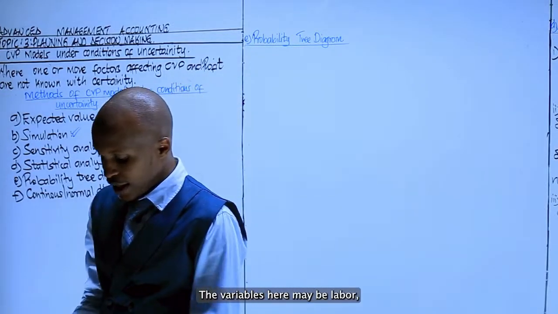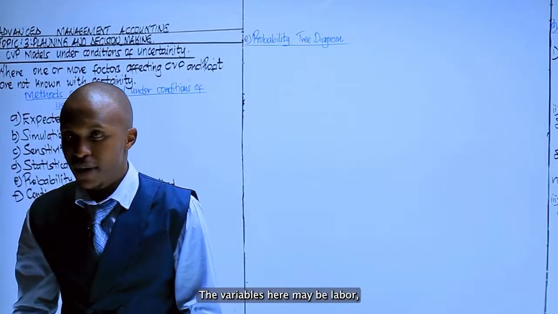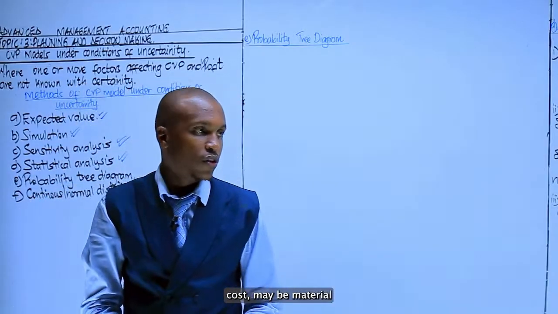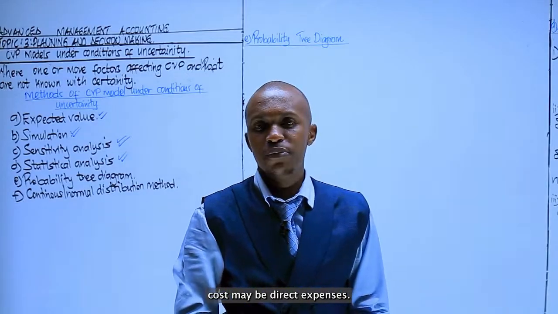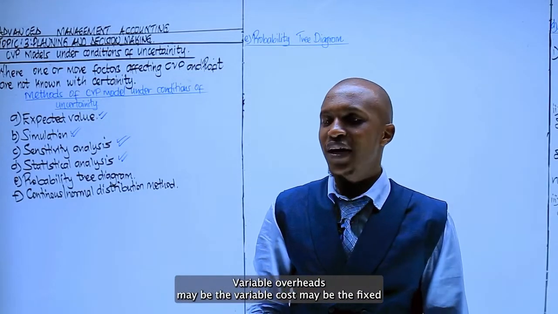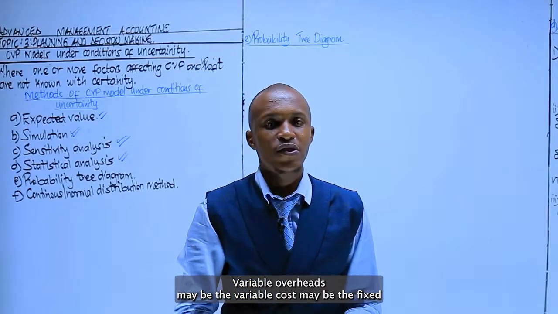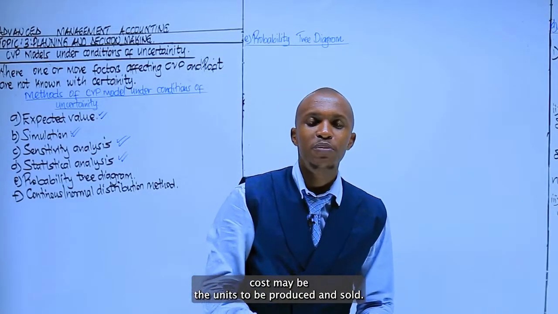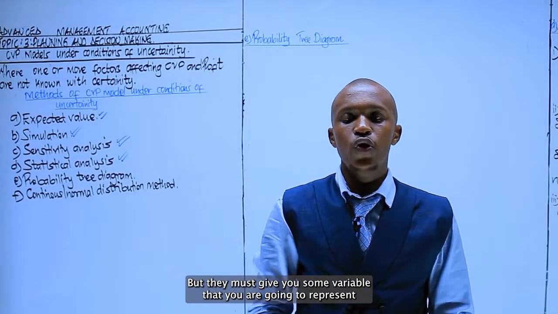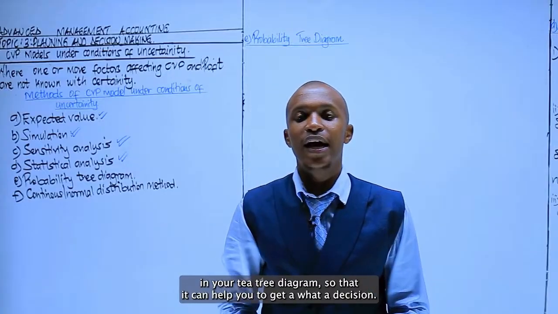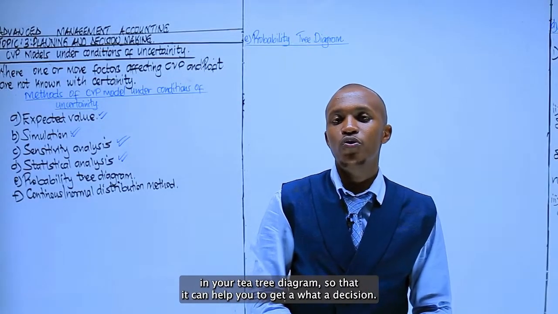Your variables here may be labor cost, material cost, direct expenses, variable overheads, the variable cost, the fixed cost, or the units to be produced and sold. But they must give you some variable that you're going to represent in your tree diagram so that it can help you to get a decision.